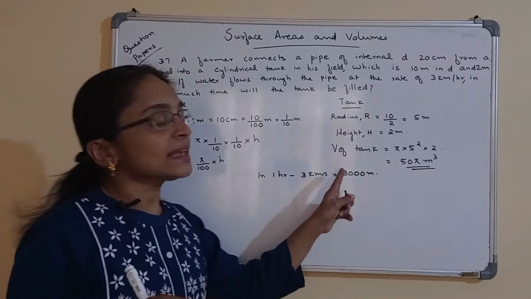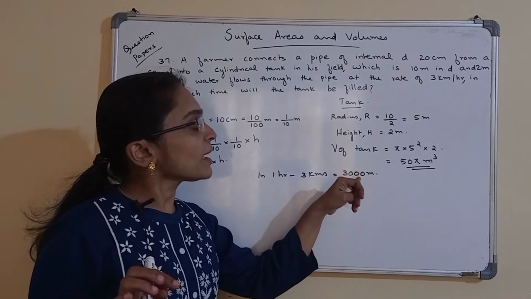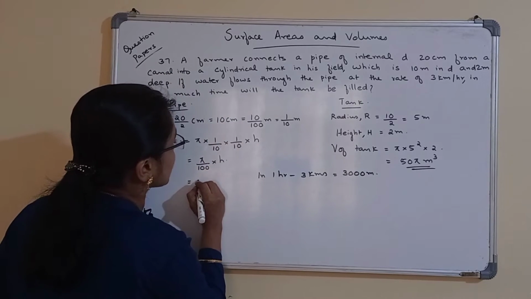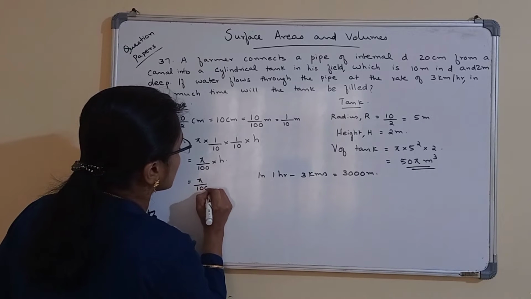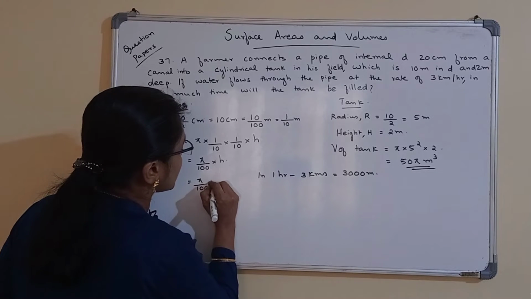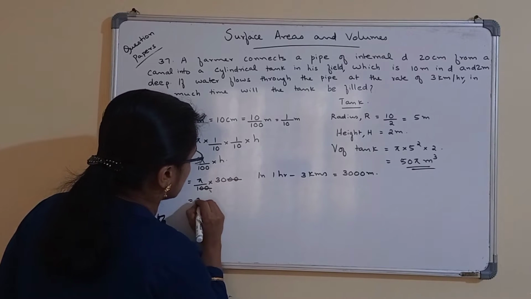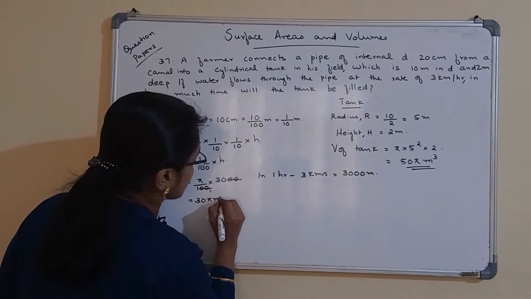So, in these type of questions, we can take the height of the pipe as this 3000. So, we will get this as pi by 100 into 3000, which is equal to 30 pi meter cube.